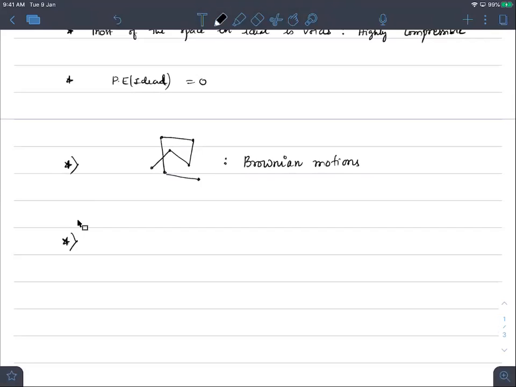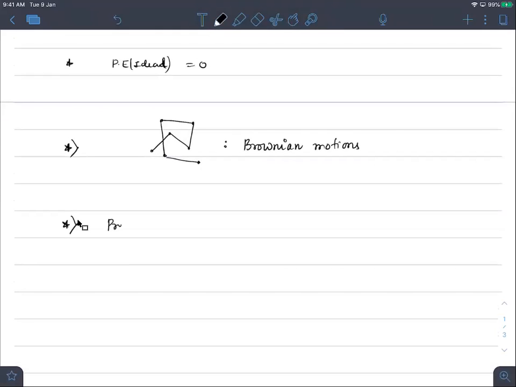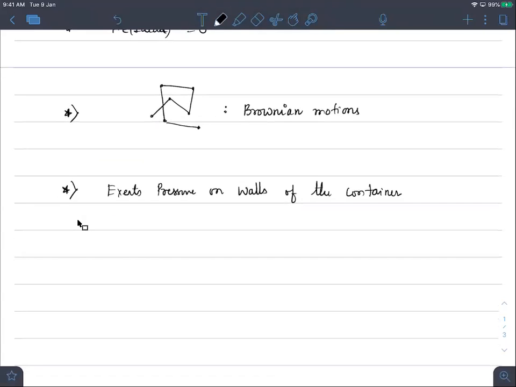And gases will exert pressure on walls of the container. How are they exerting pressure on the walls of the container?